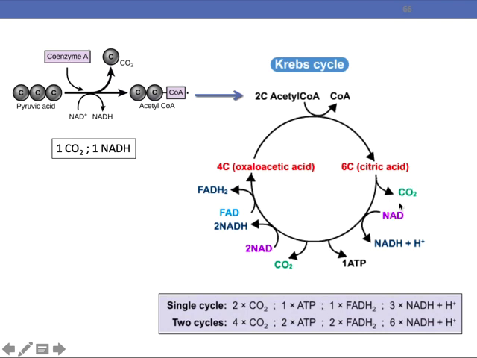So you would have CO2, another CO2, that's 2 of them. For 2 cycles, you have 4 CO2. You have 1 ATP, since you have 2 pyruvic acid each of them going into these processes. You have 2 ATP. You have FADH2, you have 1 of them times 2, so you have 2 of them. NADH, you have 3 of them, 1, 2, 3, times 2, you have 6 of them.